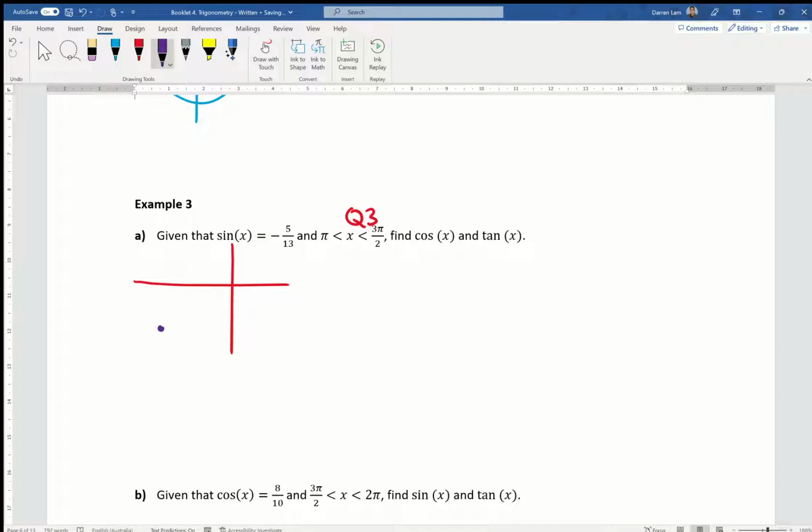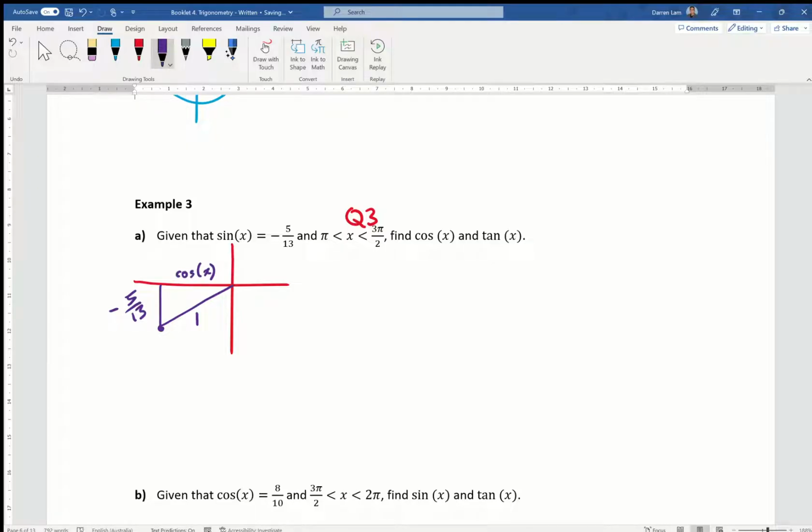I know that the sine, or the y value, is going to be negative 5 on 13. Just to be super clear, I'm listing this as negative 5 on 13. Technically, the distance isn't negative 5 on 13, because distance can't be negative. And then, of course, the radius is equal to 1. We're looking for cosine x, which is going to be the x value, or x ordinate.